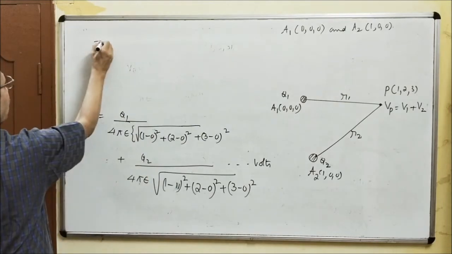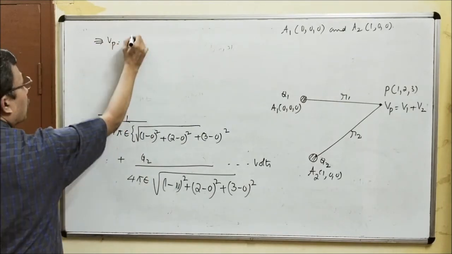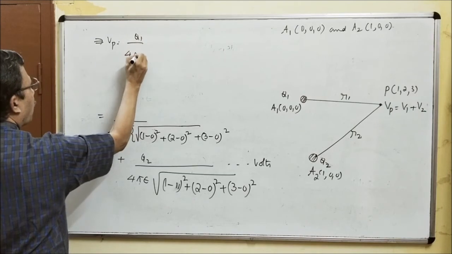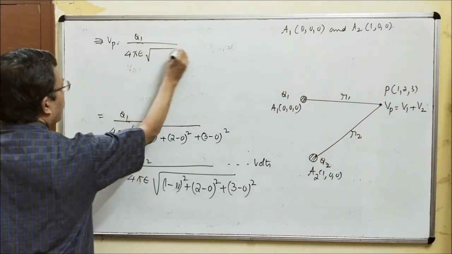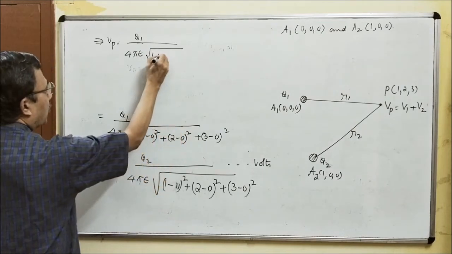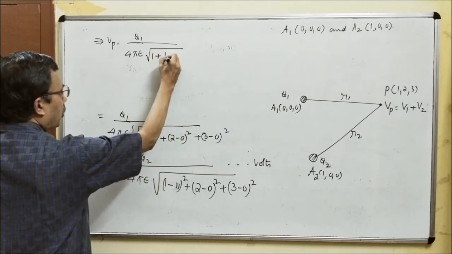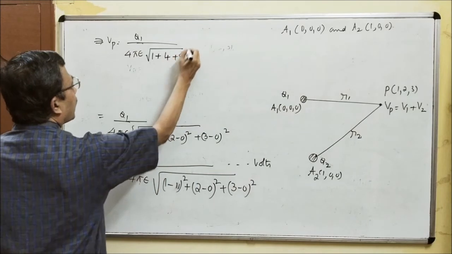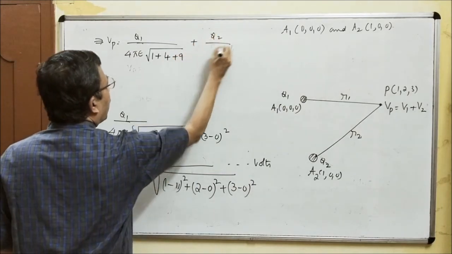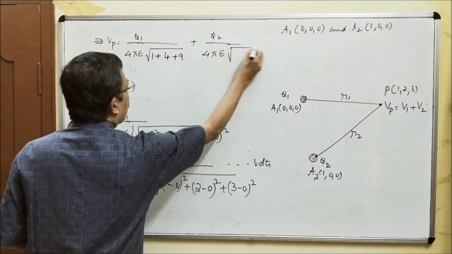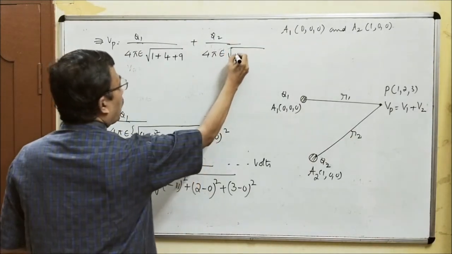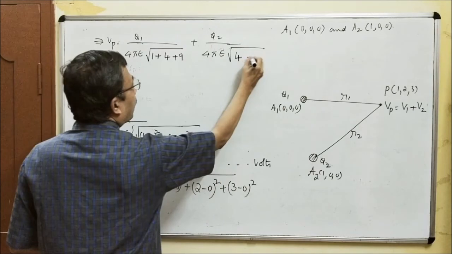This implies Vp is equal to Q1 divided by 4 pi epsilon into square root of (1 plus 4 plus 9), plus Q2 divided by 4 pi epsilon into root of (0 plus 4 plus 9).